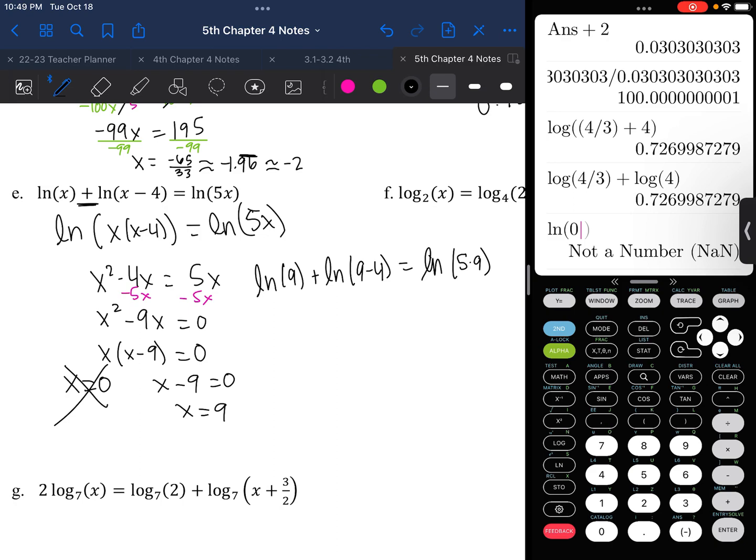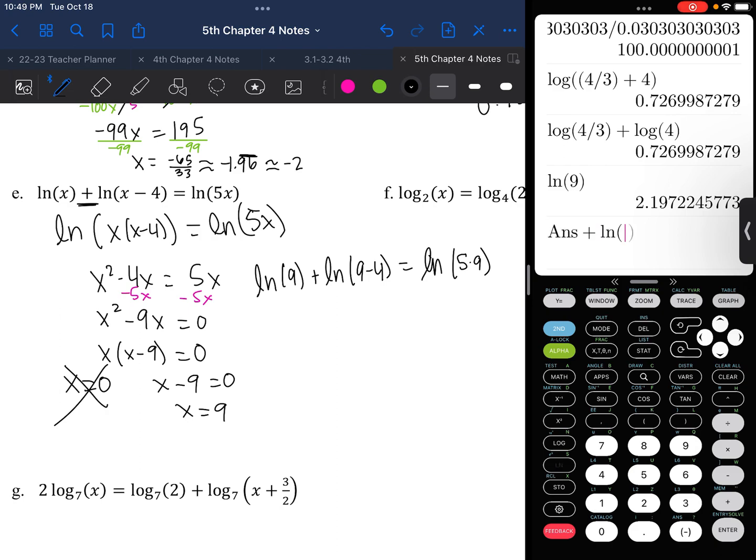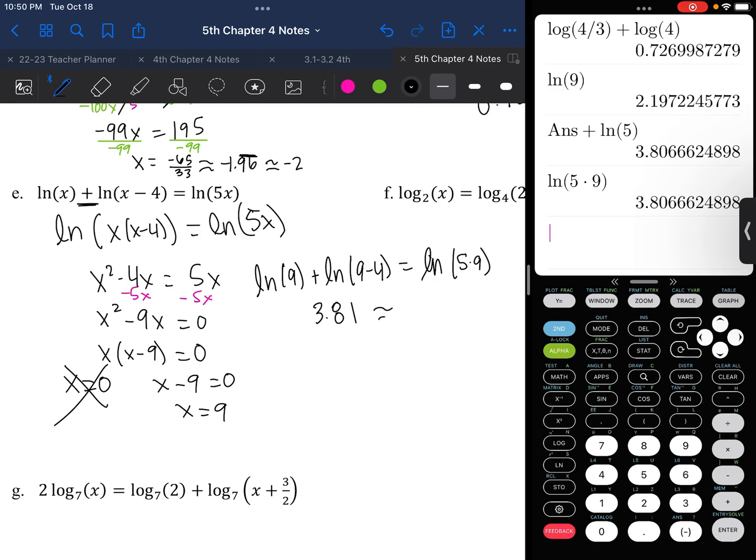So, natural log of 9 plus the natural log of 5 is about 3.81. And the natural log of 5 times 9 is also 3.81.